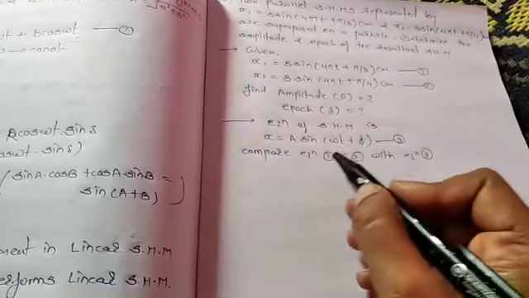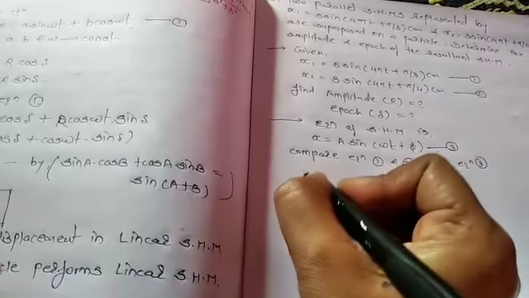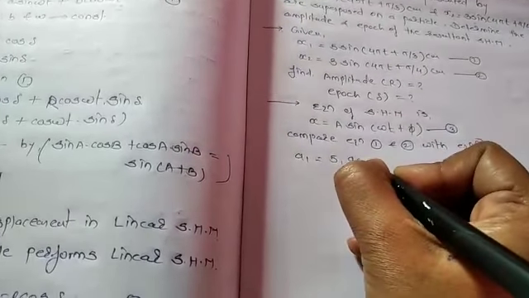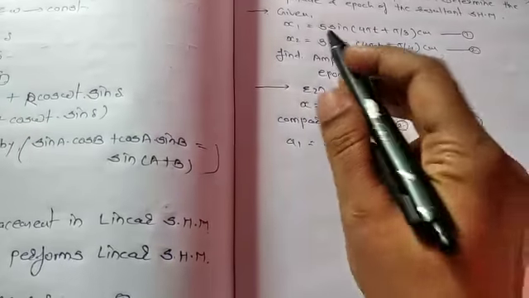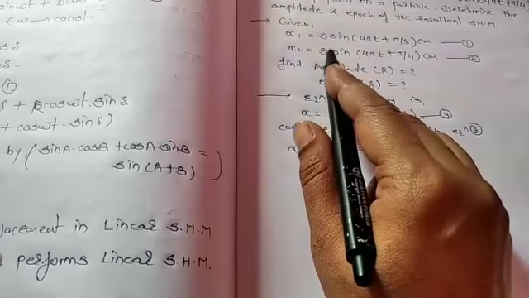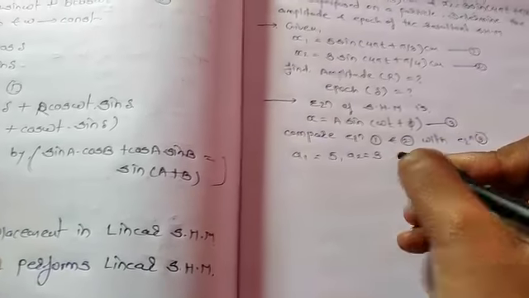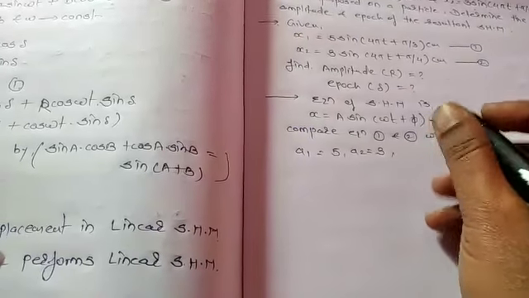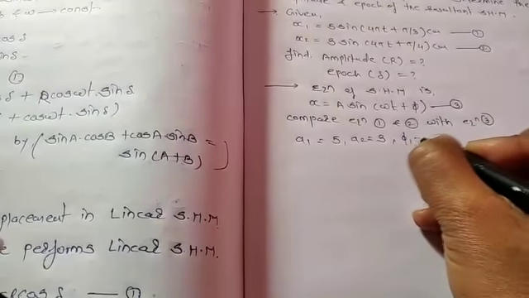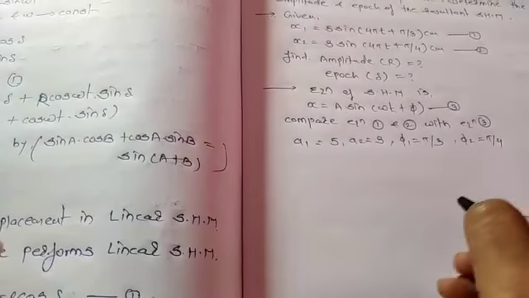So we compare equations 1 and 2 with equation 3. We have A1 is equal to 5 and A2 is equal to 3: for x1 we take A1 as the amplitude, and for x2 we take A2 as the amplitude. Then the initial phase angles, phi 1 is pi by 3 and phi 2 is equal to pi by 4.